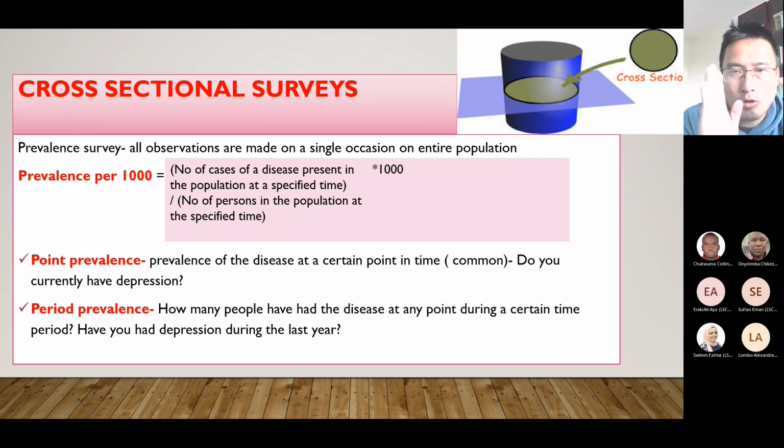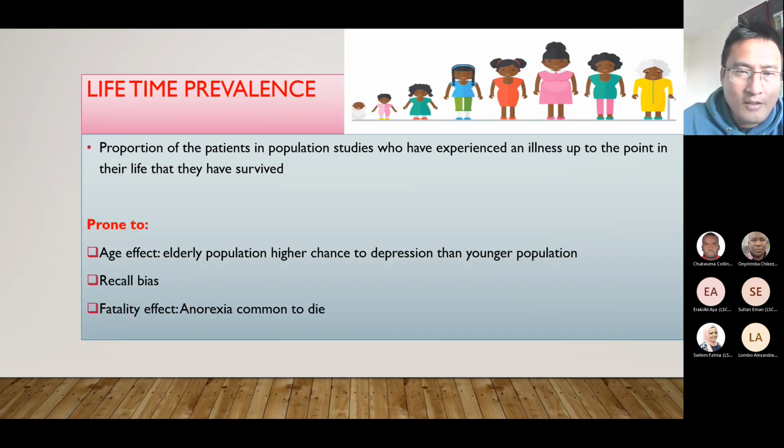So it covers the range, the time frame. So that is period prevalence. Lifetime prevalence is very difficult to do because you have to follow from the time of birth till they die, so it's less likely used. It has a number of problems: recall bias, fatality. People might die before the normal aging age.